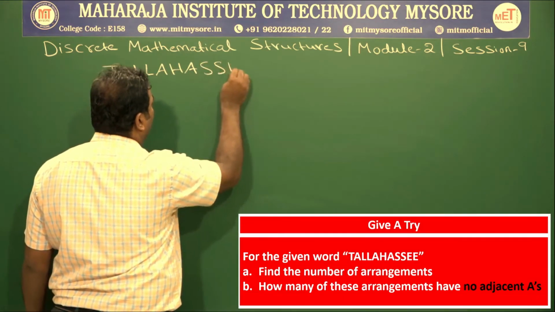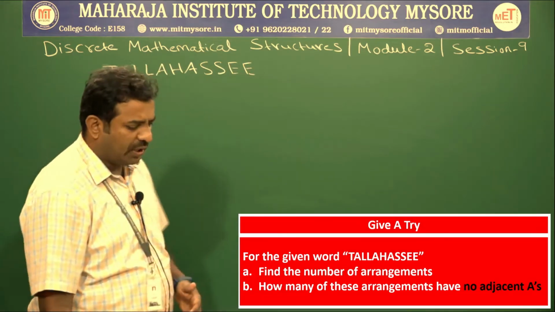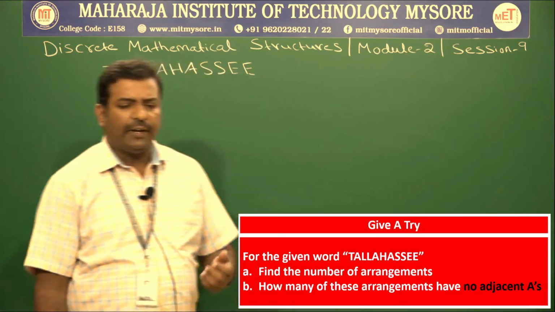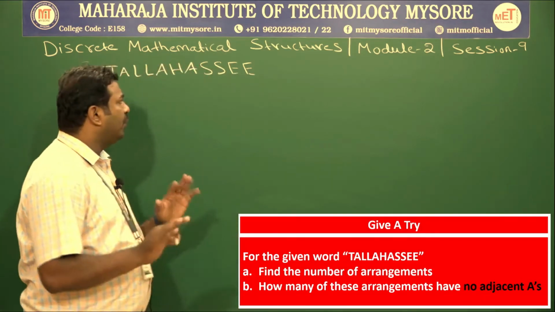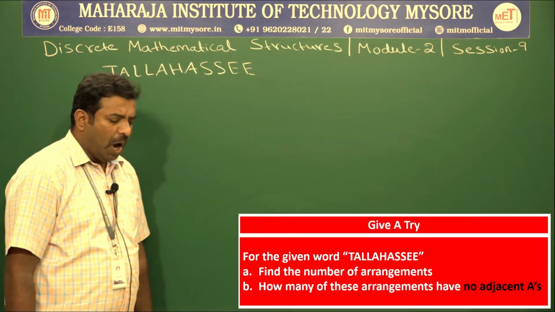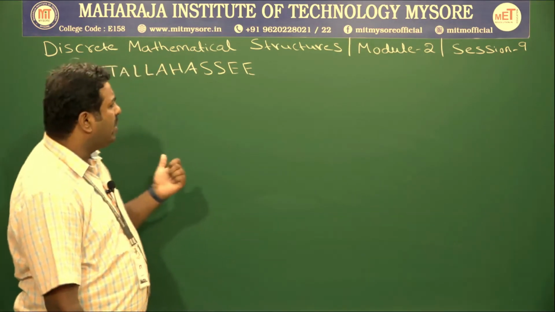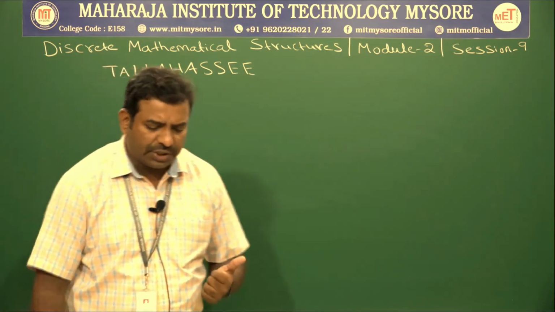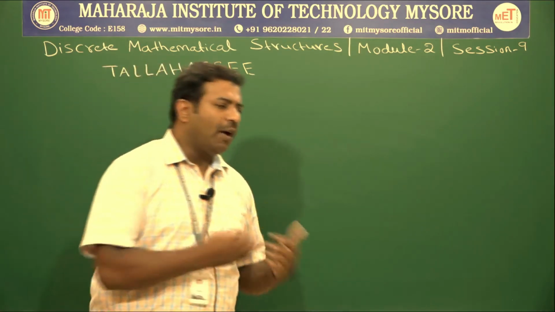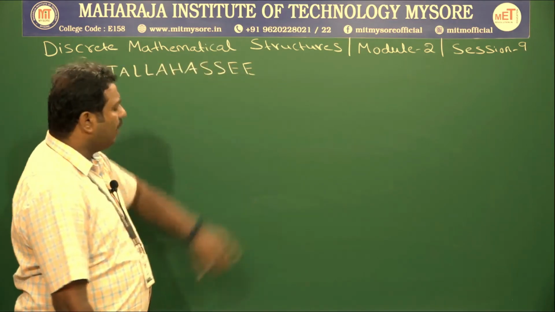Right now, forget about how we pronounce this word; later we'll see what exactly it is. My major focus here is how to use this given word, and I need to see how many arrangements I can make out of it. What is the number of ways I can arrange this word?